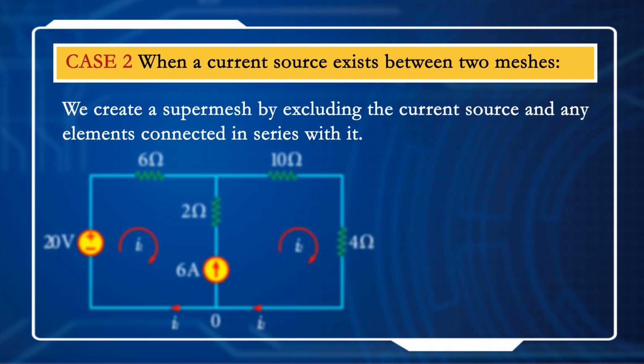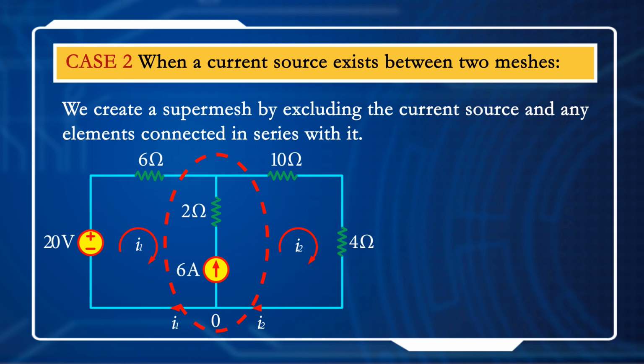For example, in this circuit, there is a current source with 6 ampere current, and it is in the common branch of mesh 1 and mesh 2. In this case, we are going to form a super mesh. The super mesh excludes the 6 ampere current source and the 2 ohm resistor as well.